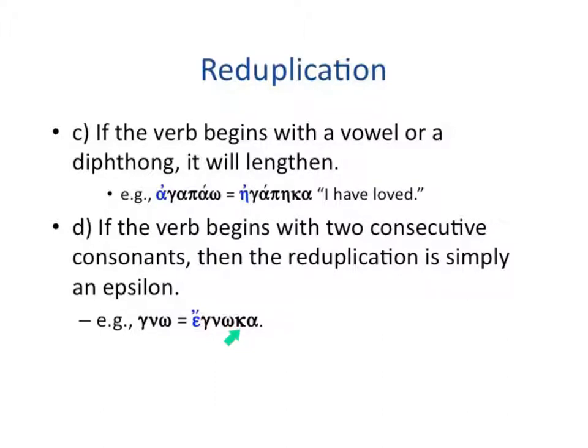Ginōskō doesn't normally have that kappa in the aorist. It'll have a sigma there. Here, however, we have a kappa, so that tells you that you have a perfect. So sometimes you're looking for the reduplication, sometimes you're looking for the kappa. Usually it's the reduplication and the kappa, but here it's just the one.